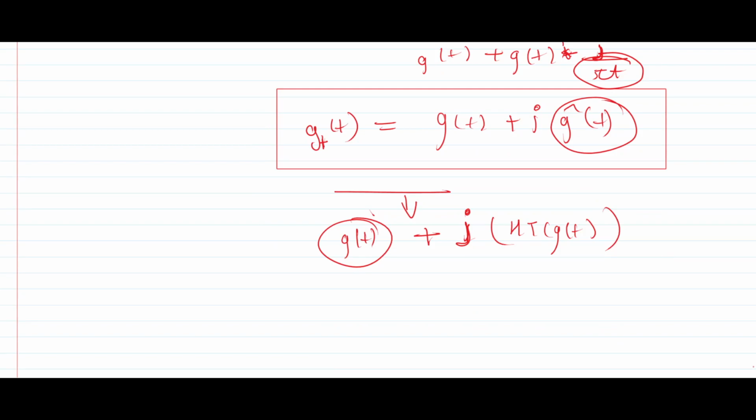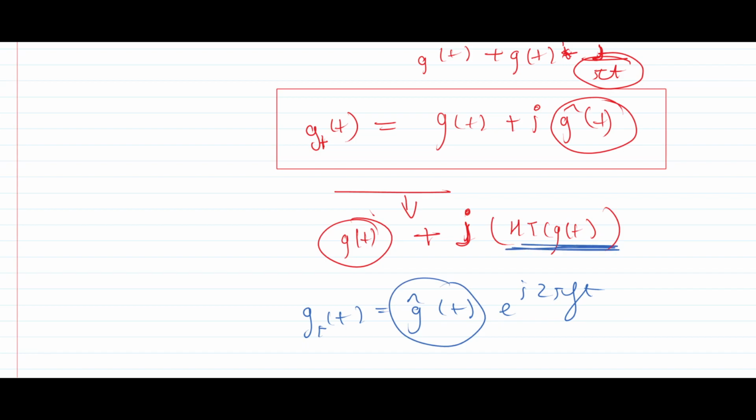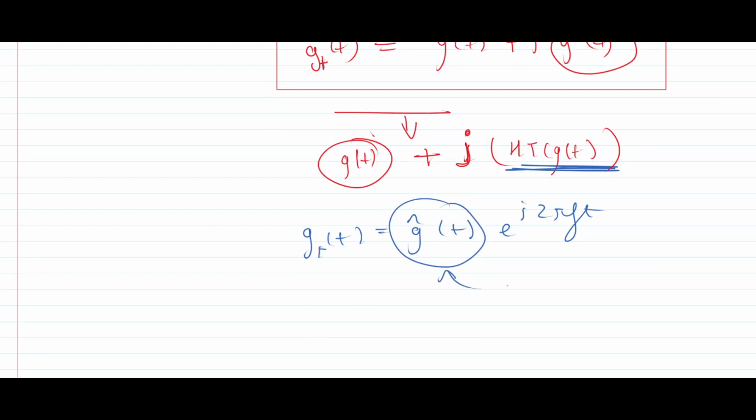Now I'll tell you a shortcut. Pre-envelope is g cap(t) into e^(j2πft). What is this? Complex envelope, or Hilbert transform of g(t), is also known as complex envelope.